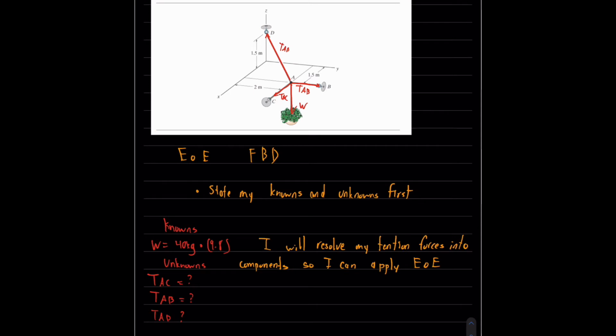Now tension AB, vector rotation is 0 in the i hat, 1 in the j hat, 0 in the k hat. Notice how you only have 1 in the j hat. That's because this only exists in the y direction. And tension AC will exist in the x direction only.